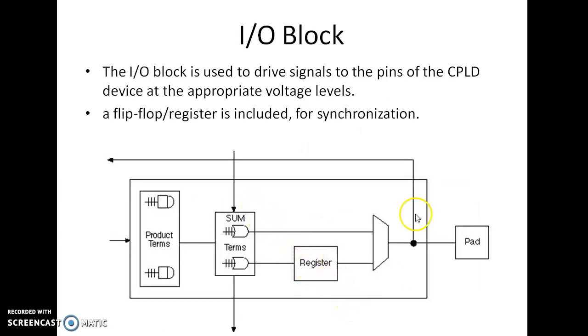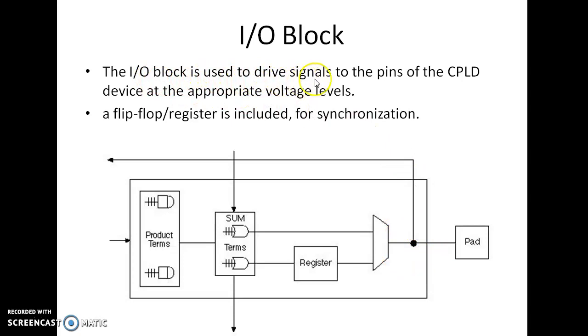And coming to the I/O blocks, whatever information is fed to the function blocks will be stored in this, and after the function block is evaluated, the output is again stored in these I/O blocks. So the inputs from product terms and sum terms output would be stored in this register, right? And this register is nothing but an I/O device, and this is a multiplexer, followed by a flip-flop.